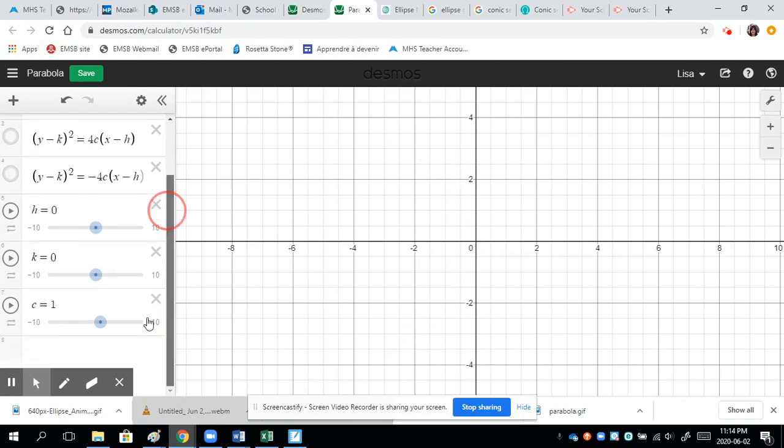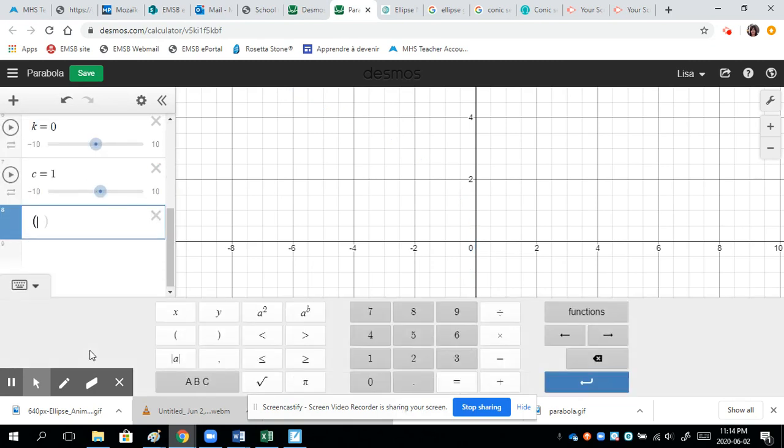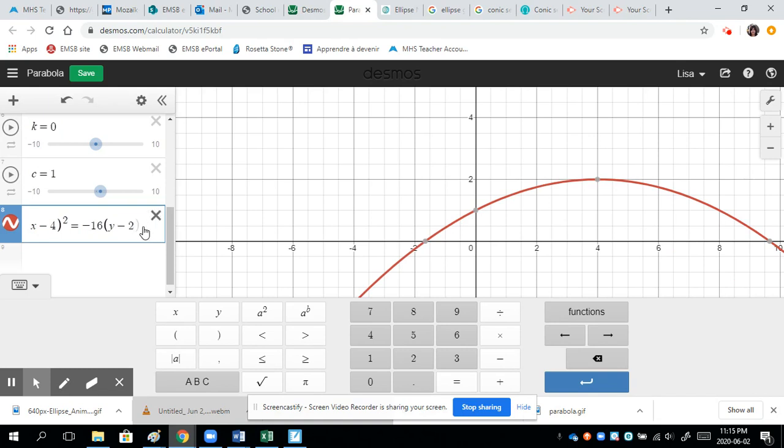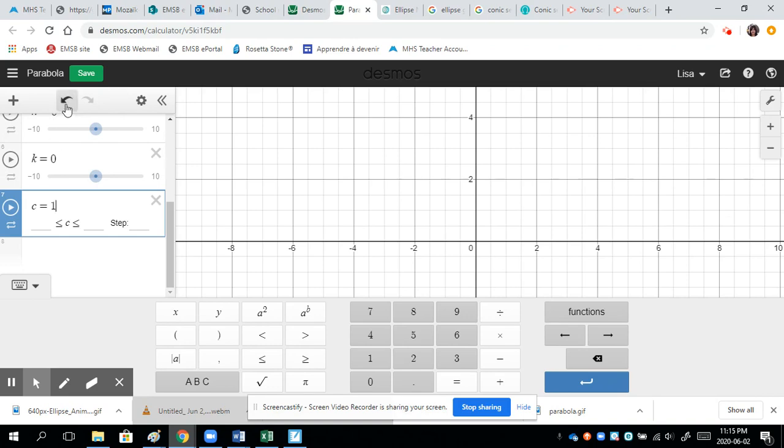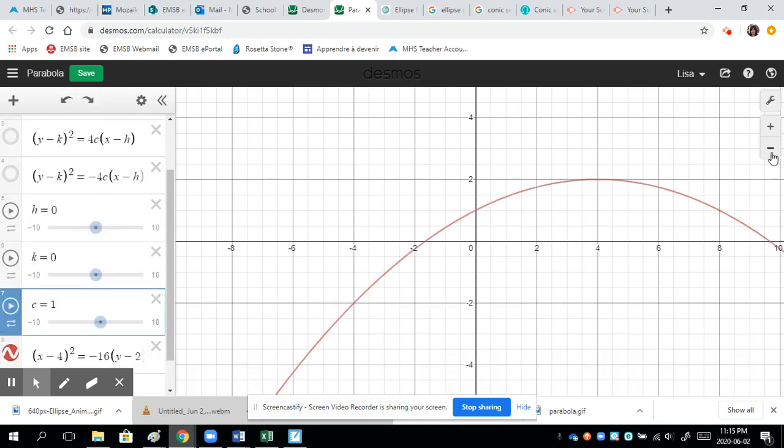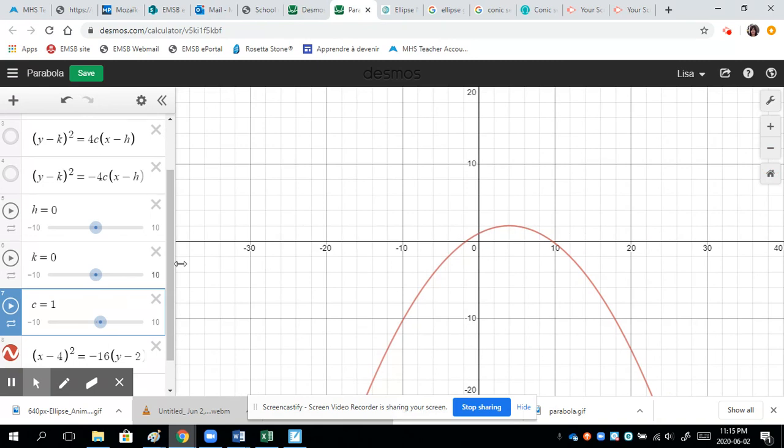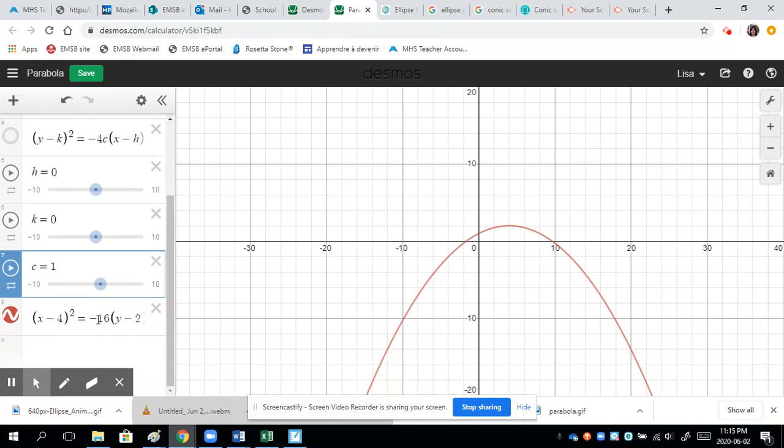For example, if I had x minus 4 squared is equal to -16 times y minus 2, the parabola is opening downwards, because this is negative.